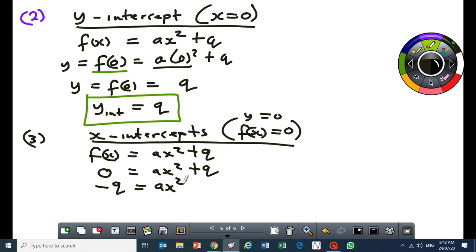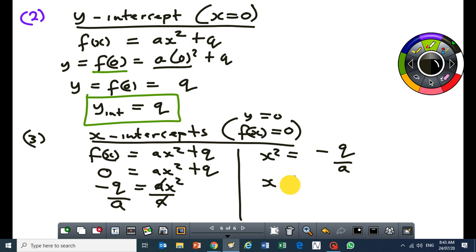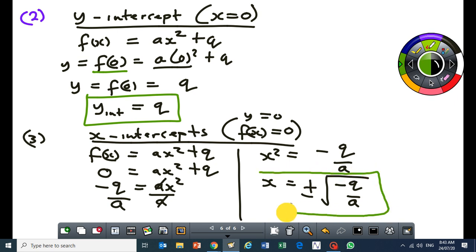Then I divide both sides by a, so these two cancel out, and I'm left with x squared equal to minus q over a. Then I take the square root of both sides. So x is going to be plus or minus the square root of minus q over a. Those are your x-intercepts. You can find the x-intercepts using that equation.